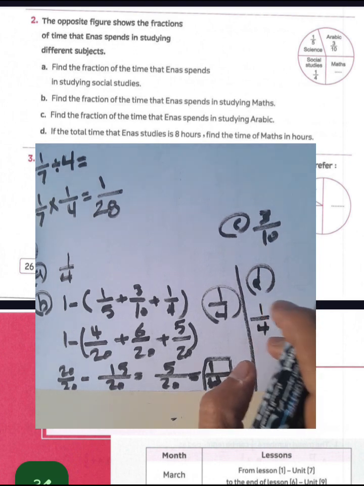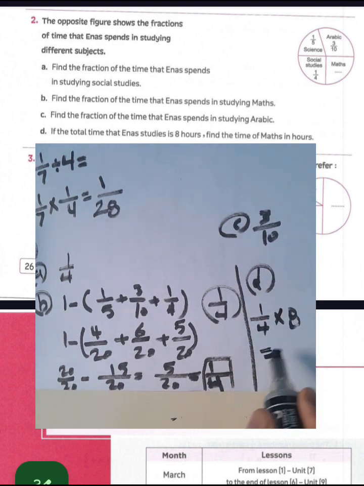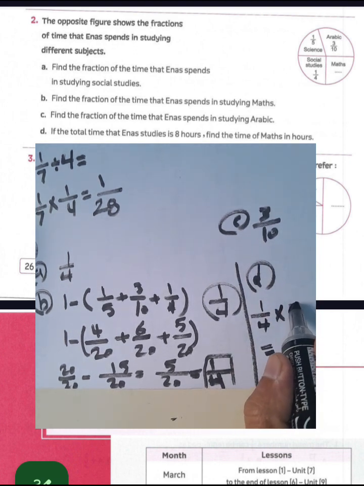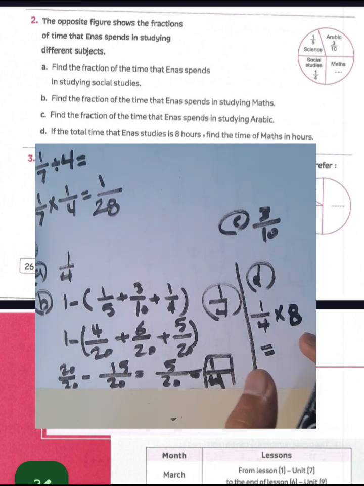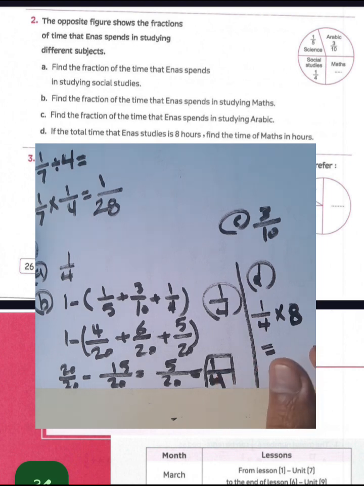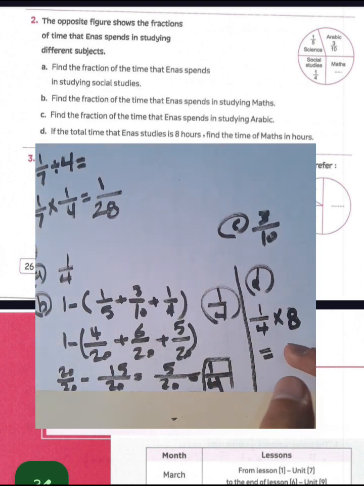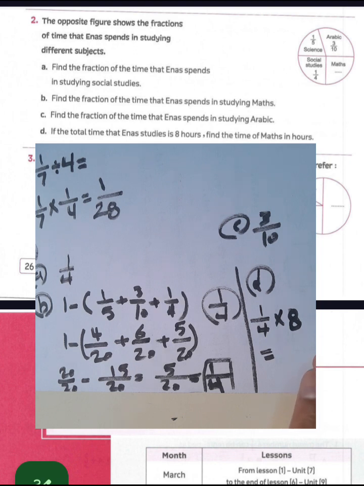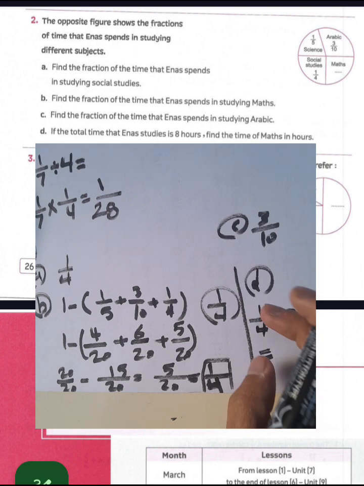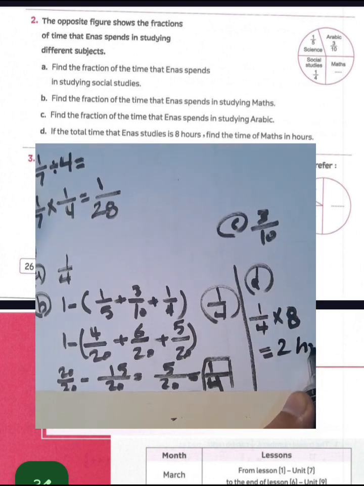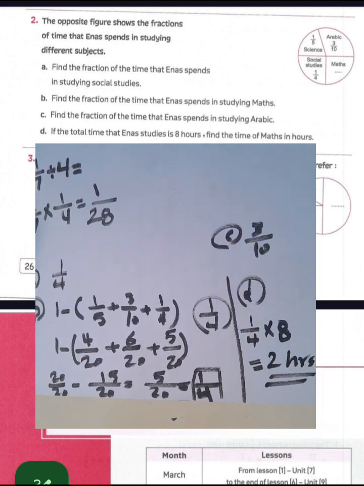We can write a fourth of the number 8. 8 refers to the number of hours she studied in the whole day. She studied 8 hours when she studied science, Arabic, social and math. You want to find the time of math in hours. A fourth times 8 equals 2 hours. Okay, she studied math 2 hours.